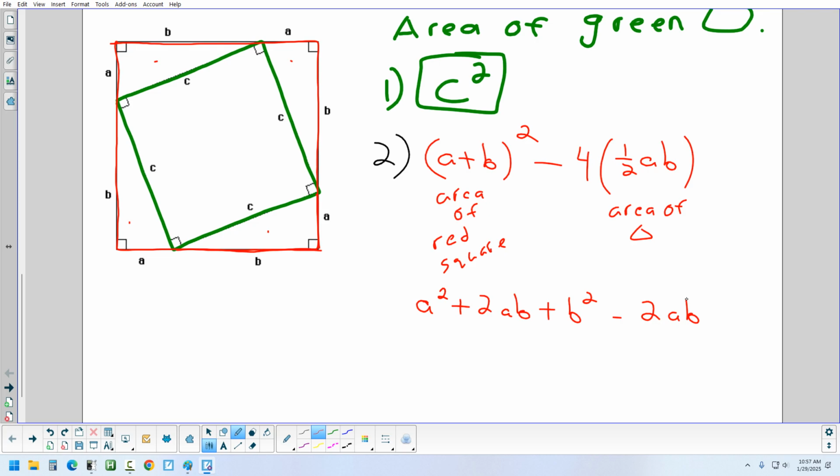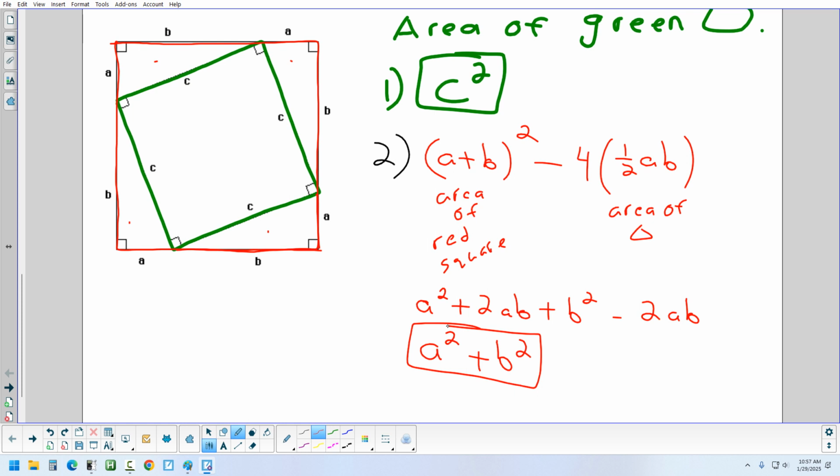Now I want to figure out what that simplifies to. Stephen, what does that simplify to? A squared plus B squared. So that simplifies to A squared plus B squared. That's the area of the green square. Okay.